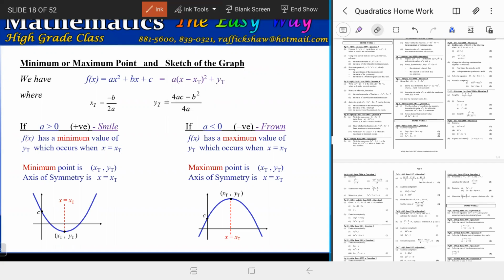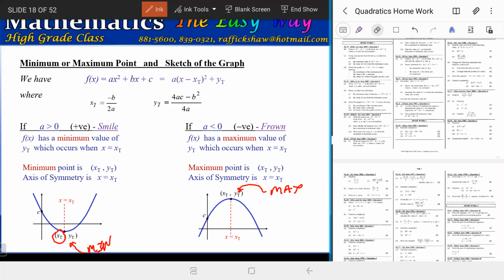If I ask you for the value of x for which the function is minimum, they are talking about this xt value, the x value at the turning point. That's what they're asking you for. Remember, this is your minimum value. This yt value is a minimum. Over here, the yt value is a maximum.